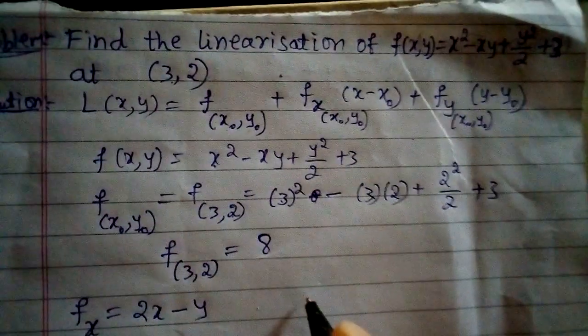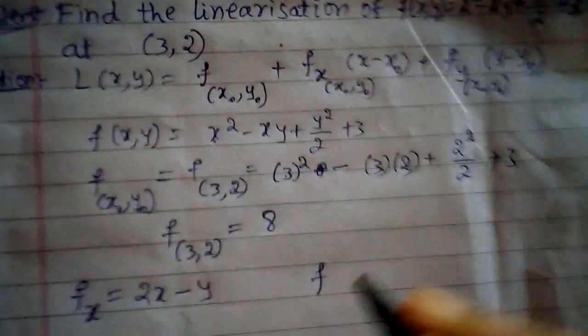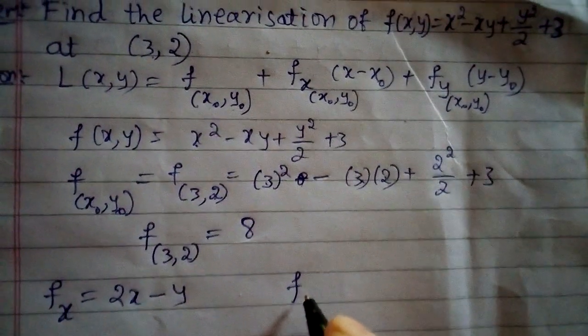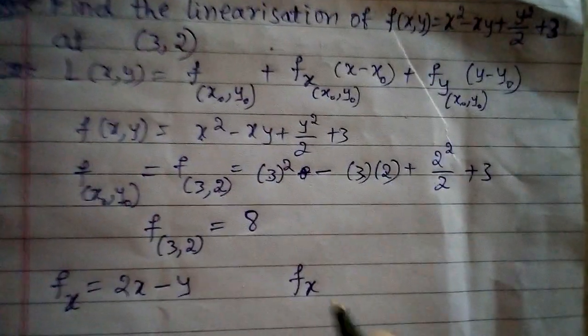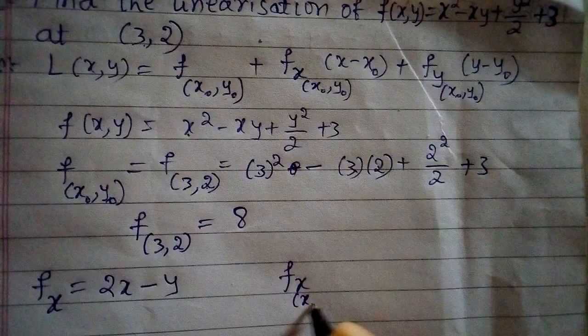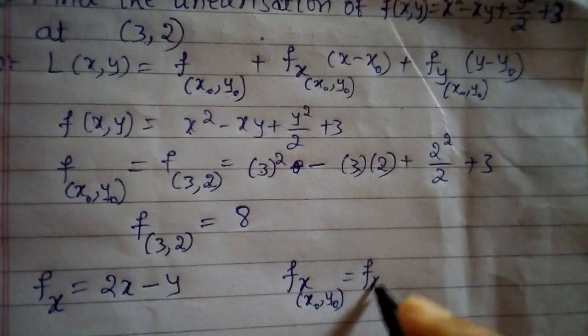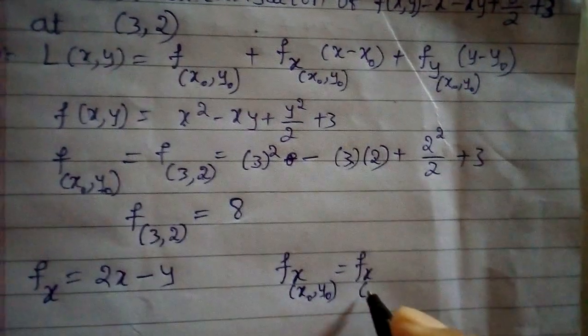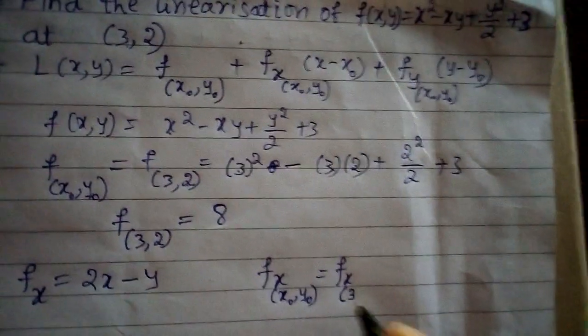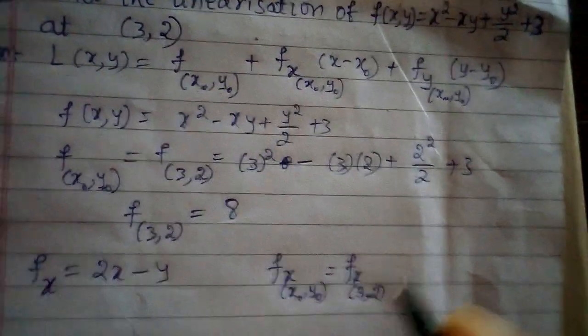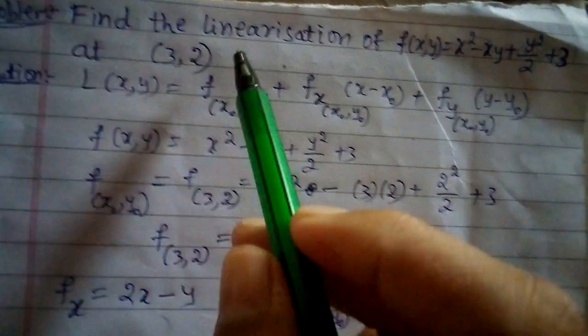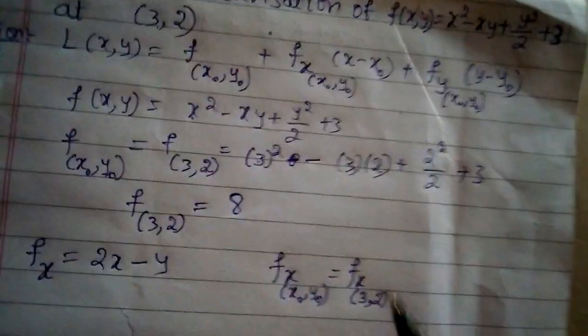Now we find the partial derivative of f with respect to x at point (x₀,y₀), that means at point (3,2). In the place of x₀ there is 3 and in the place of y₀ there is 2.